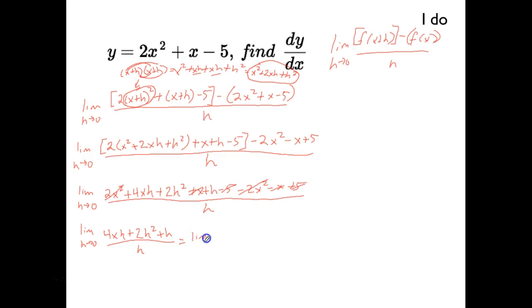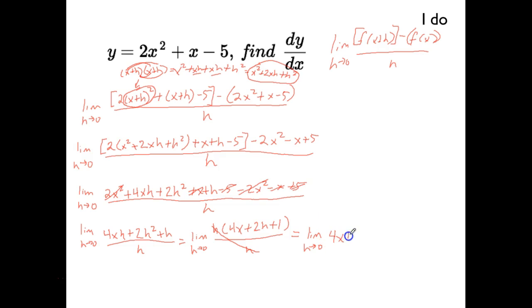So we have the limit as h approaches 0 of h times (4x plus 2h plus 1), all divided by h. Canceling out those h's, meaning now we can do the whole thing we've been wanting to do, which is plug in 0 for h.